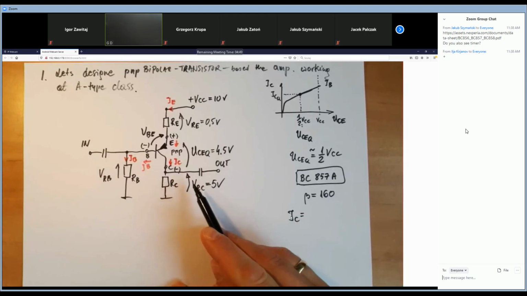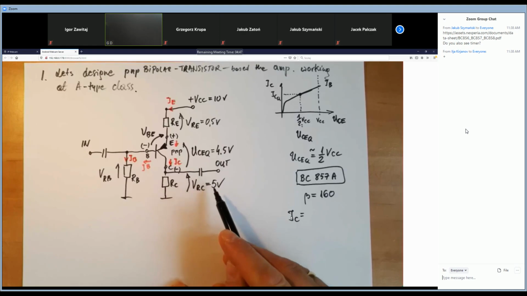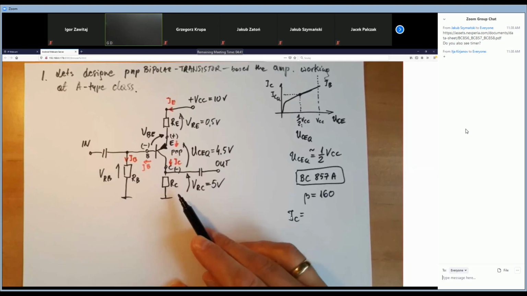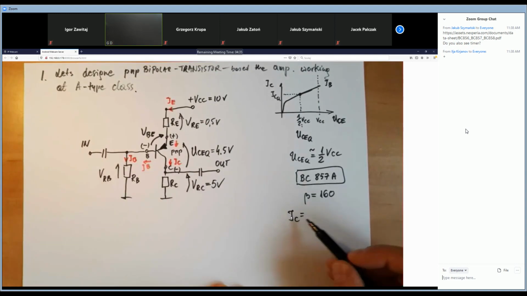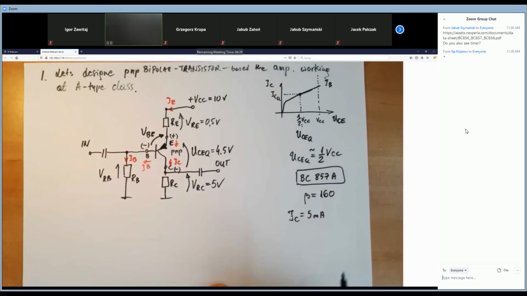Because we chose the voltage drop on it to be 5 volts. 5 volts over 5 milliamps is 1 kilo ohm. So as you see, I think it is a very good way to choose the IC current. 5 milliamps is not so huge a value. So the power consumption by that amplifier will not be so huge. It is 5 milliamps at 10 volts.